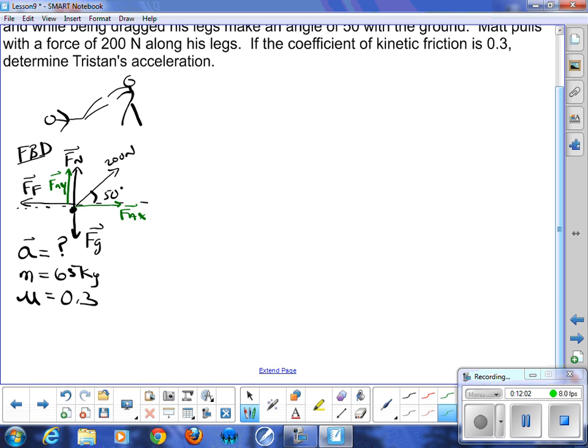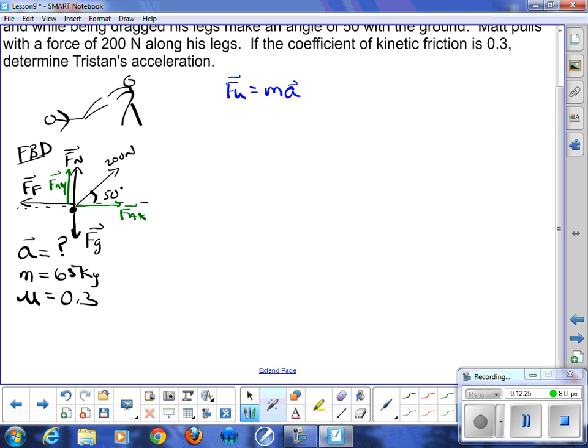All right, so that 200 gets broken into its 2 components, FAX plus FAY. This is from grade 11, from earlier in this unit when we talked about vectors. So what are we looking for? We want to find acceleration. Acceleration comes from F = ma. All right, so we're looking for a.